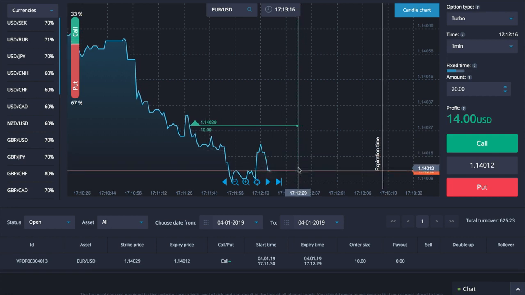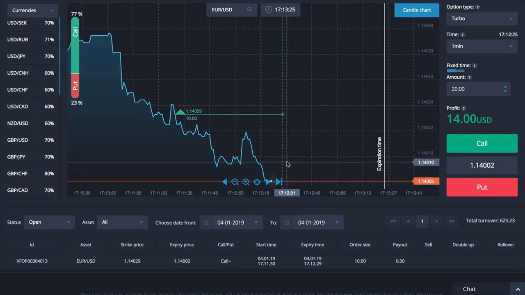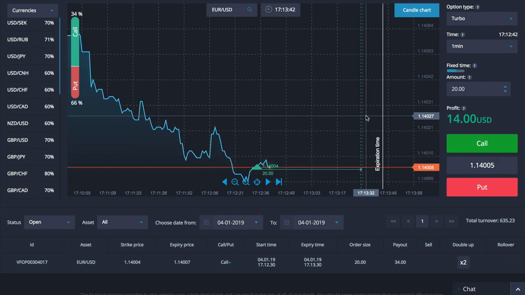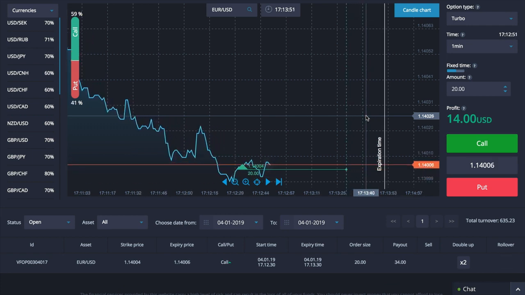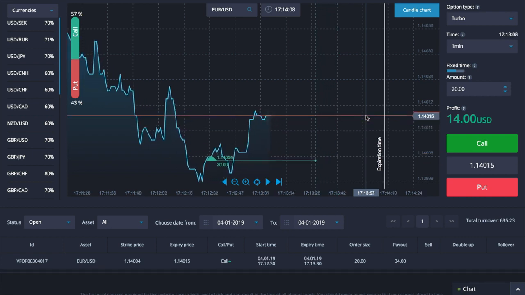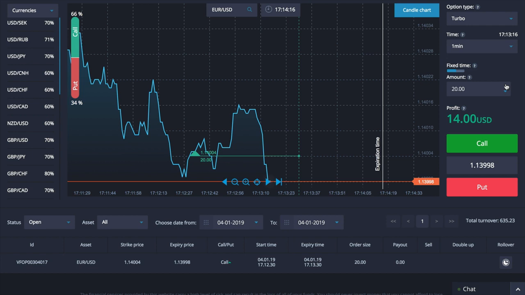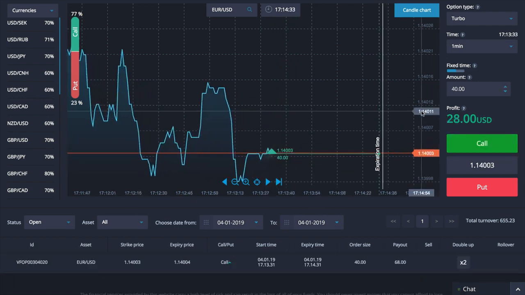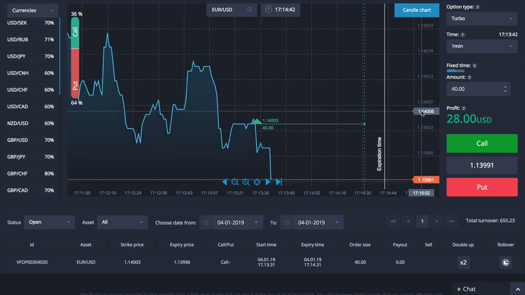So what do we do when there's a loss? We double the amount to recover it. So I'm setting it to $20 and we're immediately placing a call, and hopefully this one will be a win by the time we hit the green dotted line. Looks like it's going up. This one could be a win. Nope. It's going down. It might be a loss. So we're prepping a $40 trade. Yes, that one was a loss.